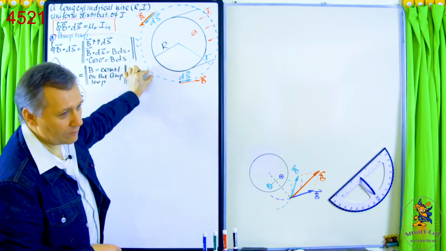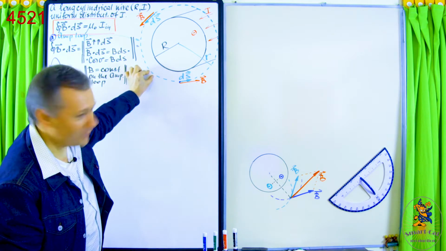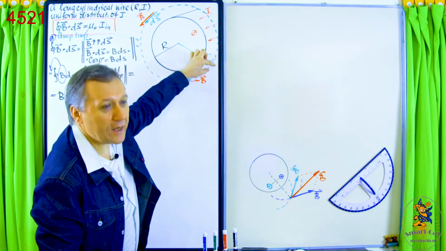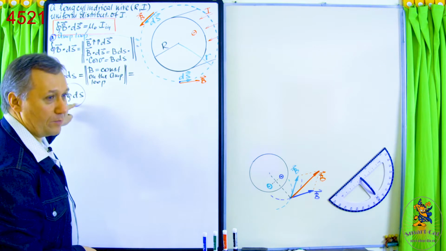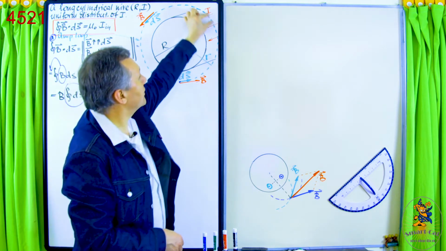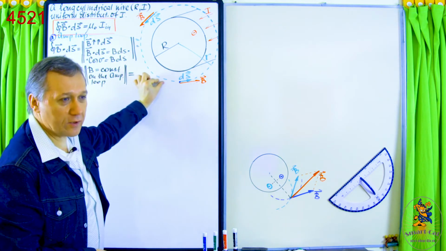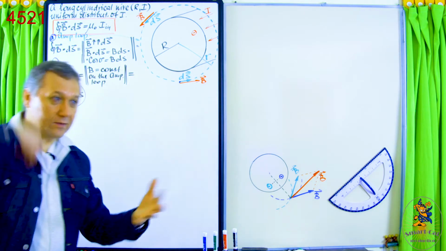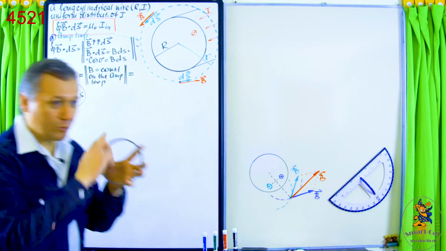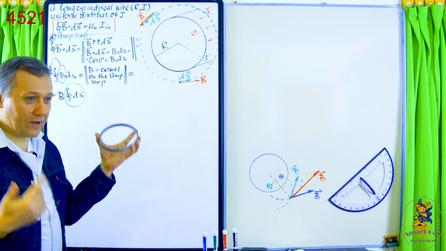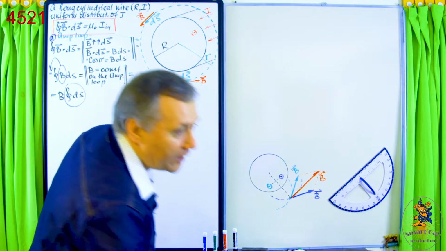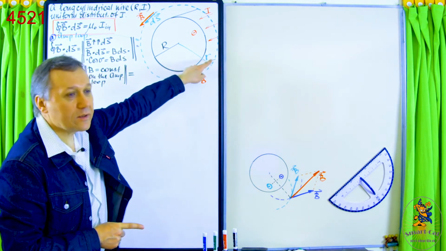Small ds, I don't know, 5 nanometers or whatever, plus small ds, plus small ds, and you keep moving around the amperian loop, adding these small ds's, and when you get to the starting point, what will be the answer? Circumference, the total length of the amperian loop, right? So you will get 2 pi r small.